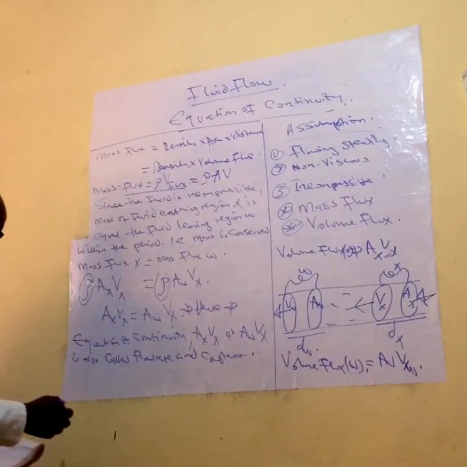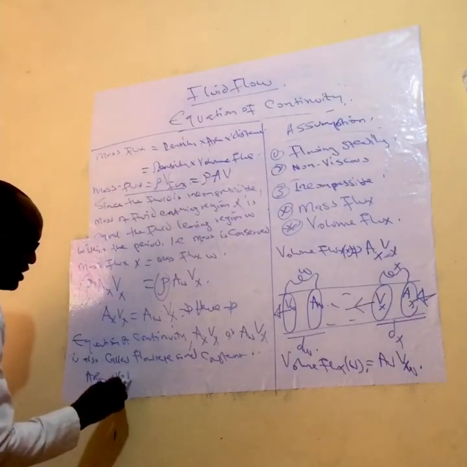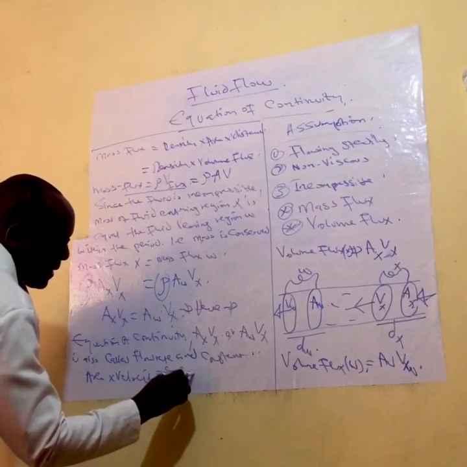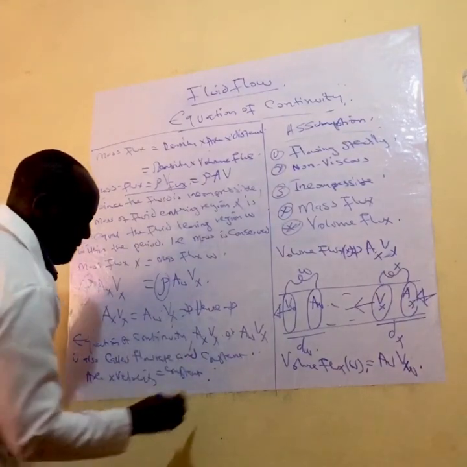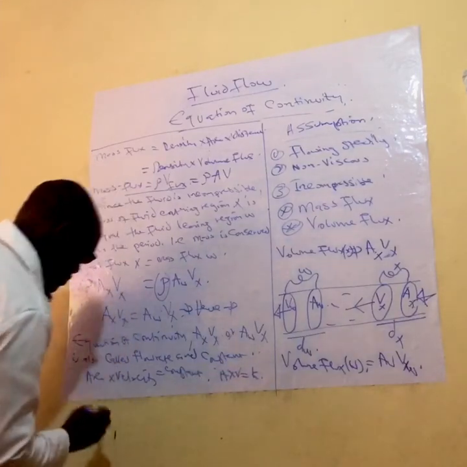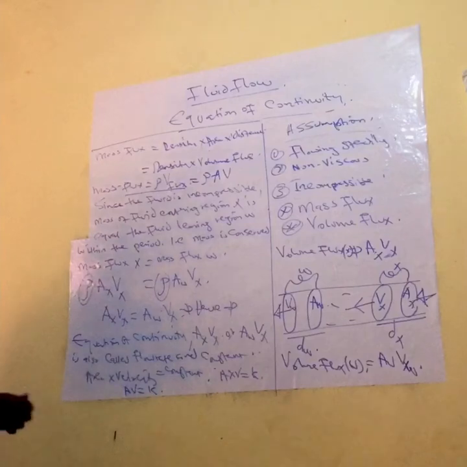So we can say area multiplied by velocity is equal to a constant, i.e. A multiplied by V is equal to k. So AV is equal to k.